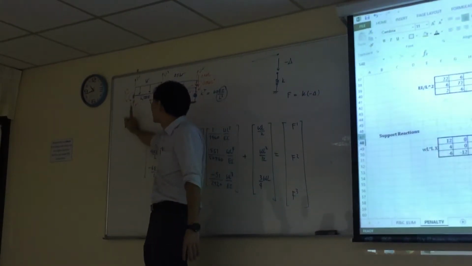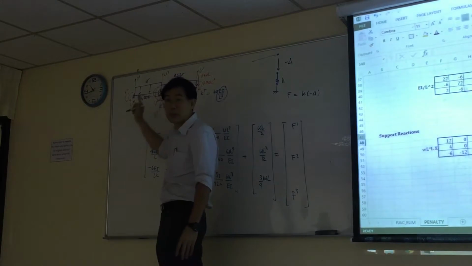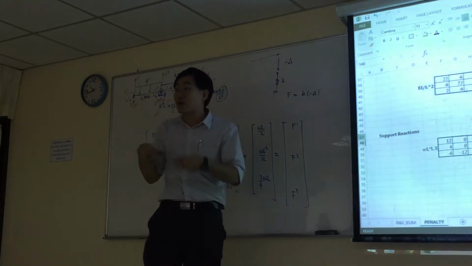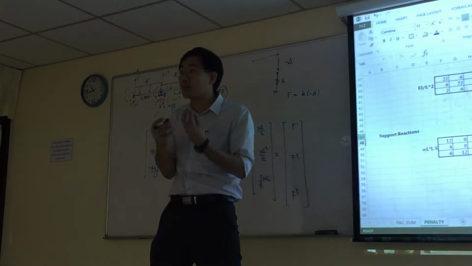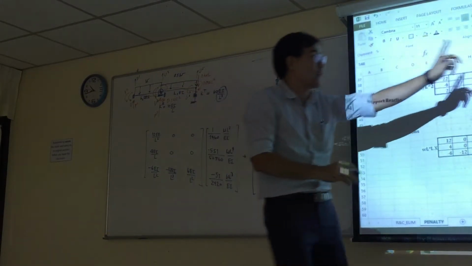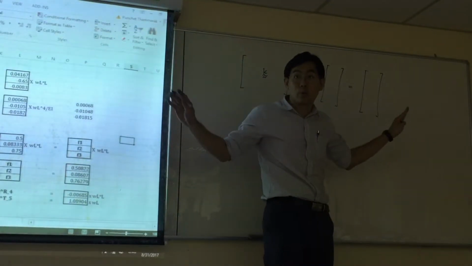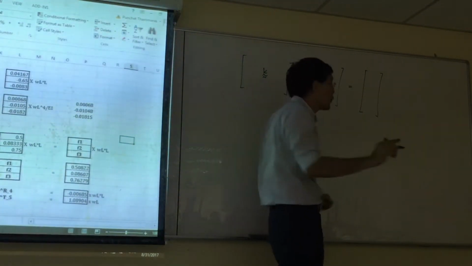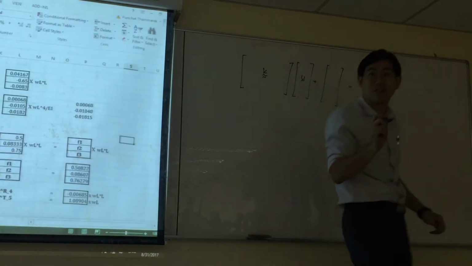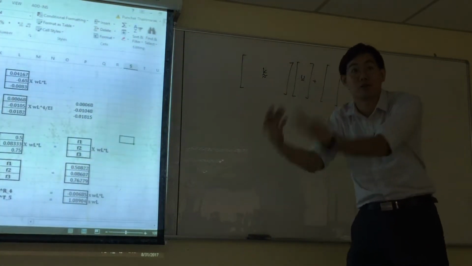I make a vertical spring and a rotational spring, and a vertical spring over here. So now the spring takes care of that F. That F you had before is gone. You don't have support reactions because the support reaction turns into the form of spring force.